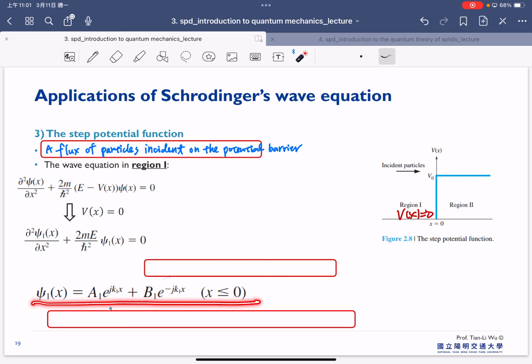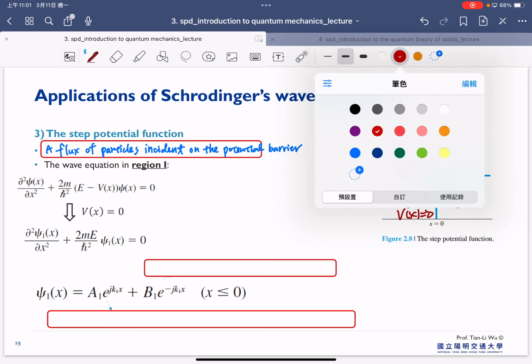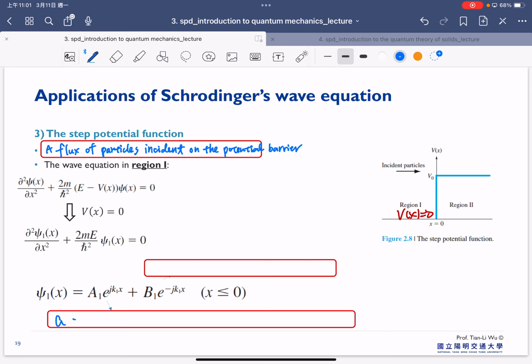So this actually has two implications. The one with A1 e^(jk1x) means this is a traveling wave in the positive x direction.